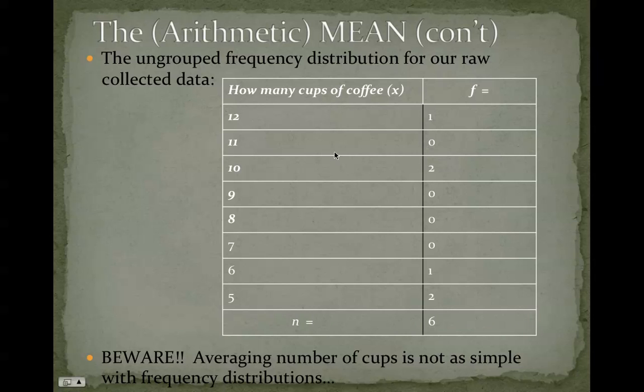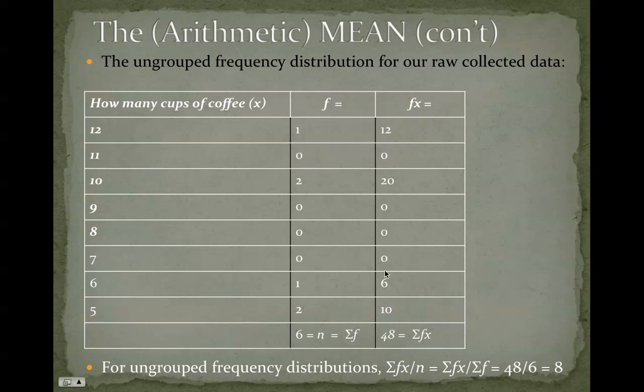So this is 0, this is 0, and that's 0, and that's 0. So this sum of X does not really represent the sum of X. In a frequency distribution, and you know it's a frequency distribution because of the F, which stands for frequency, there is one extra step you need to take.